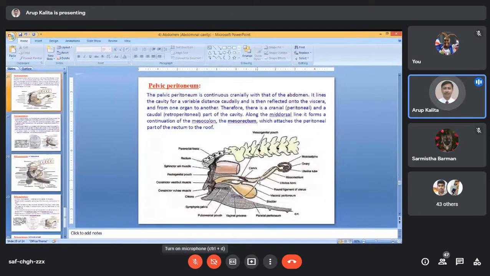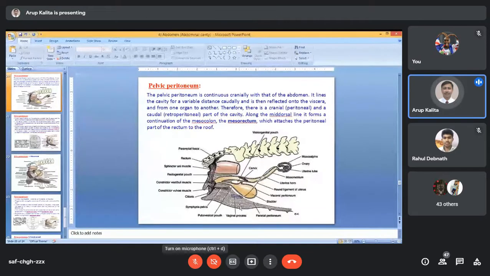Now coming to the last part, pelvic peritoneum. Now you see, this is the abdominal cavity. It is lined by peritoneum, that is the parietal peritoneum. Have you seen the dotted line? See, the dotted line is the parietal peritoneum.